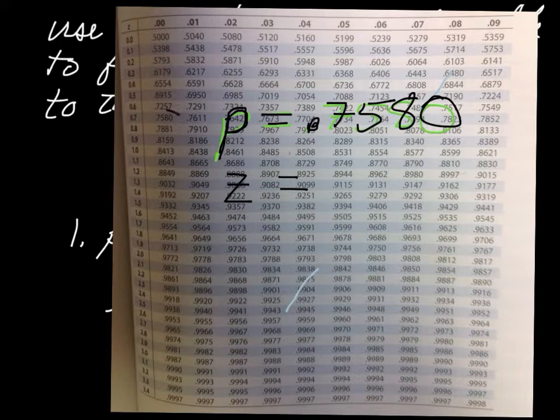By looking up 0.7580, I found the z-score was equal to 0.70. That's really all we have to do on this assignment. On the next slide, I'll show you another application of this.